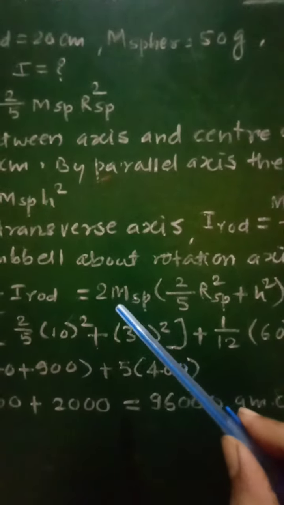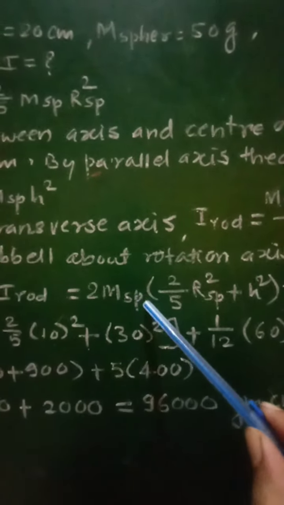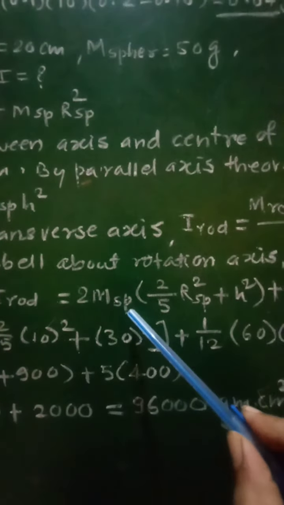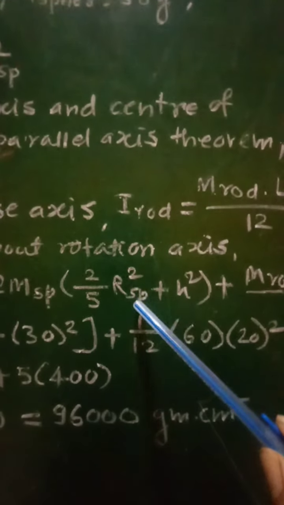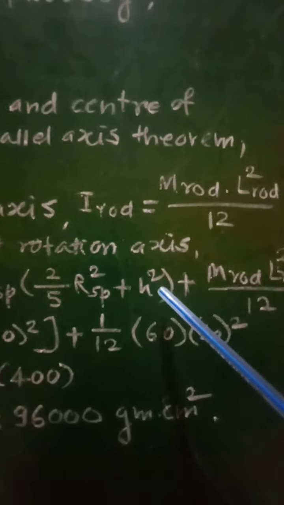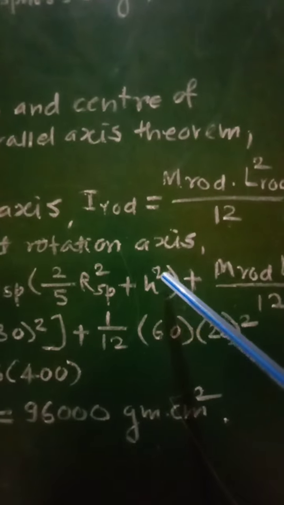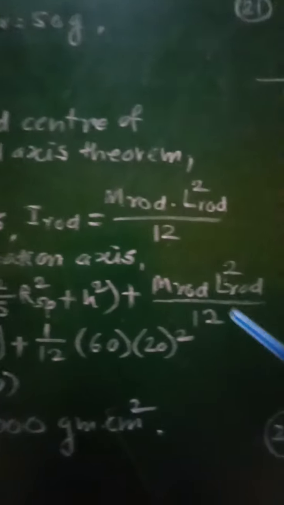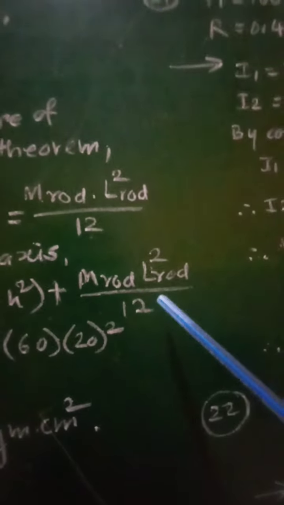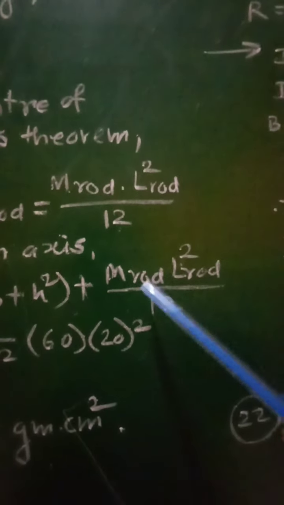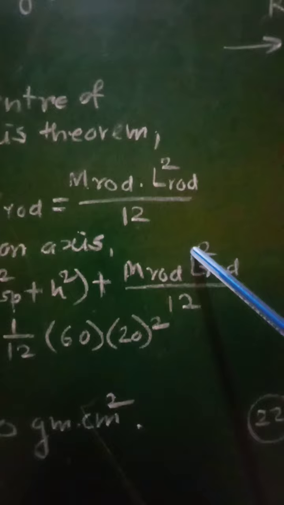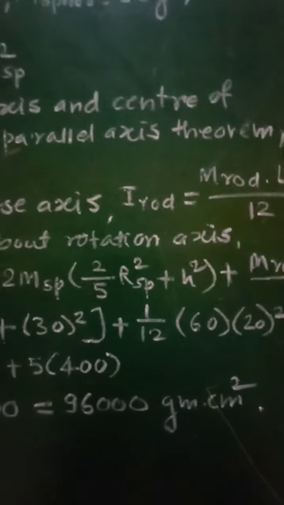It will be written as 2 MSP, that is 2 times mass of sphere into 2 by 5 RSP square plus H square, plus M rod into L rod square upon 12.